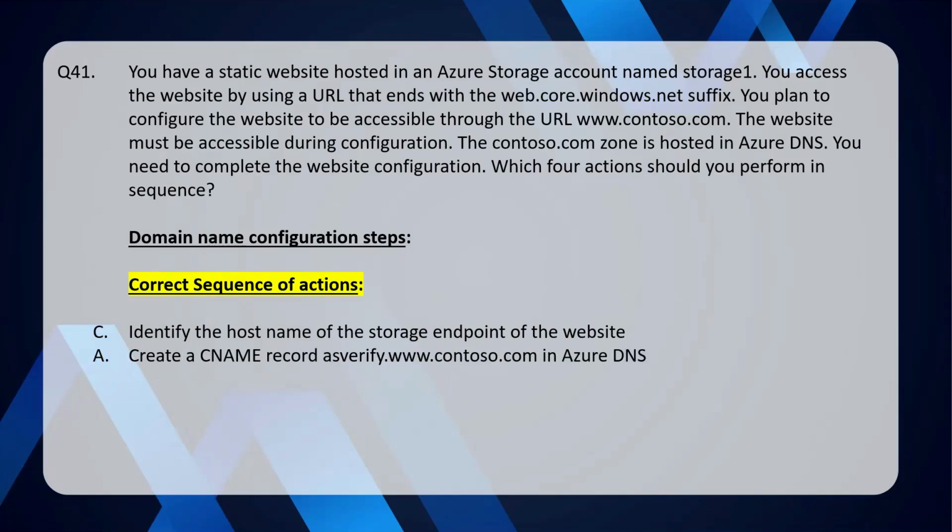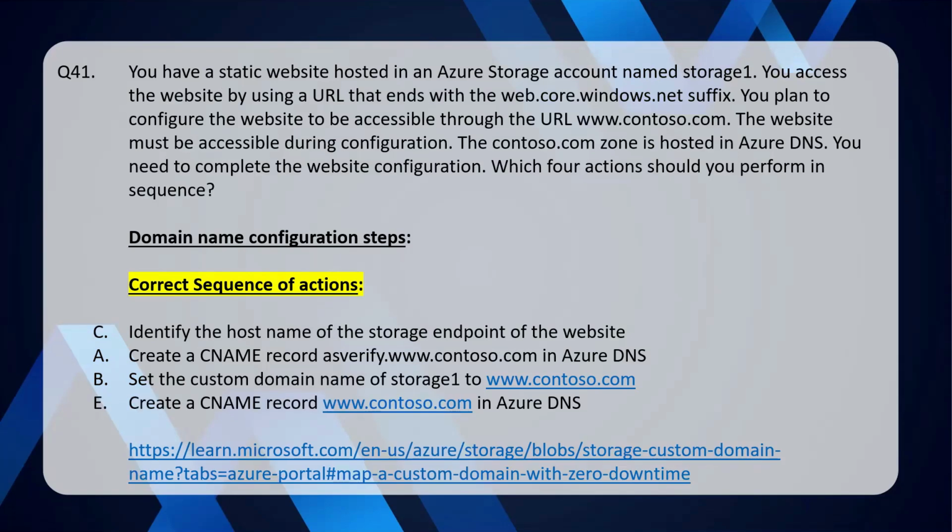The next step would be to set the custom domain name of storage to www.contoso.com, which will trigger Azure to check the verify CNAME for validation. And friends, the final step would be to create a CNAME record www.contoso.com in Azure DNS. Folks, there is a link on your screen and I would highly recommend you to go through it to understand this setup in more detail.